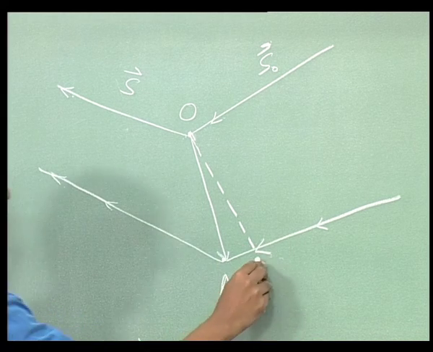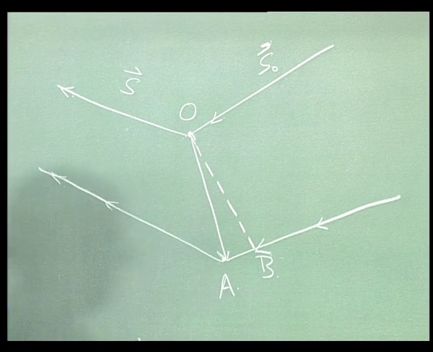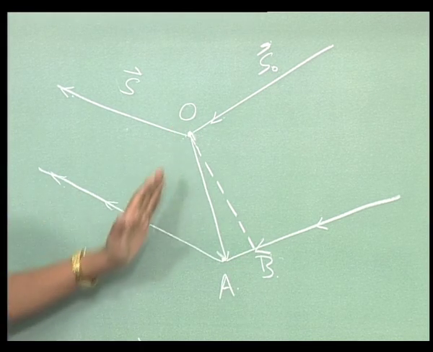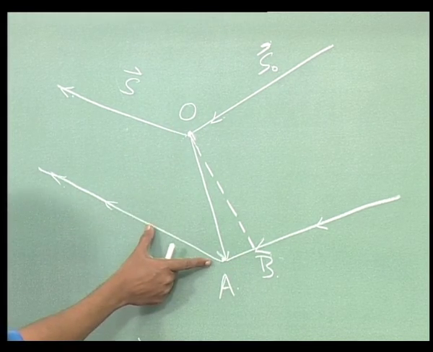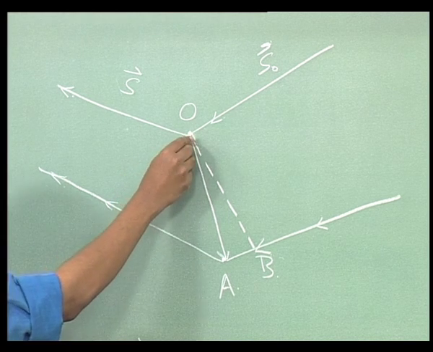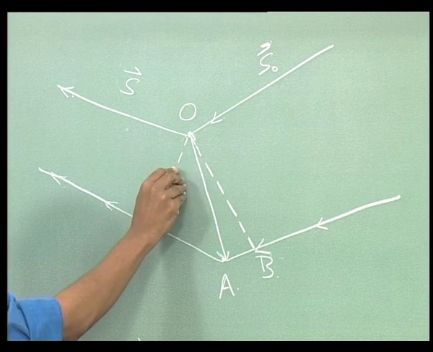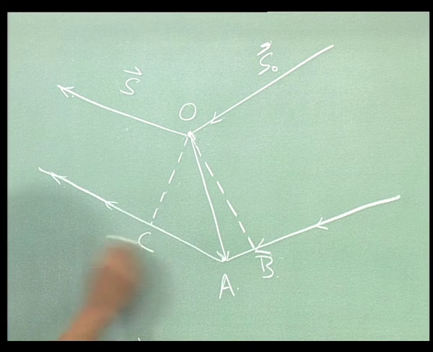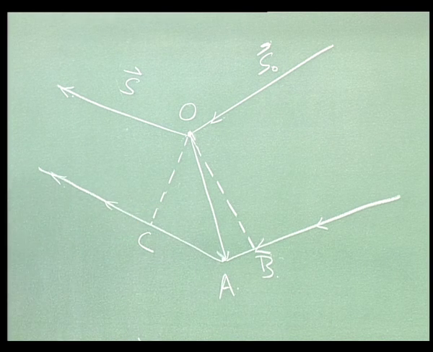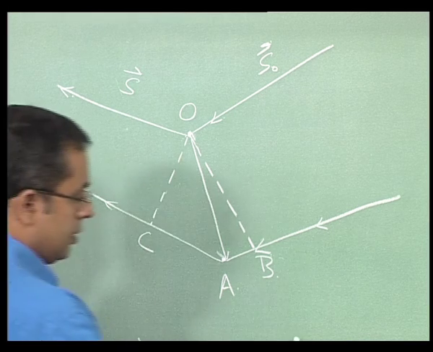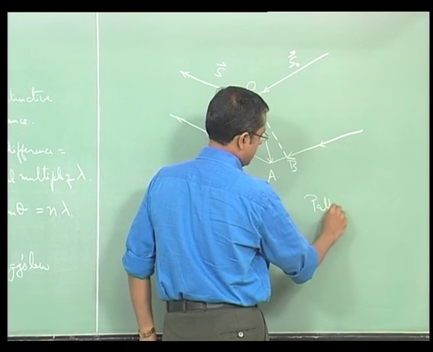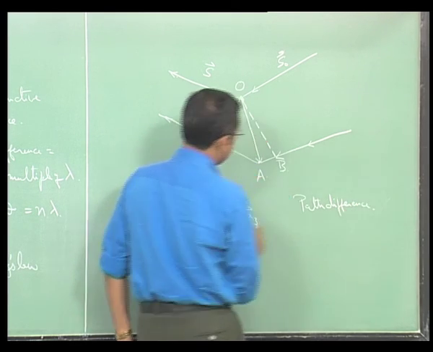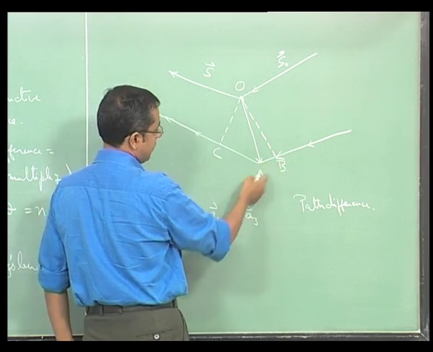Okay, so I will call this B. That is the additional distance this wave has travelled. Similarly here we have to draw a perpendicular and that will be the additional distance travelled by this wave. So we will do that. A, B, C. So we have now, path difference is, since we are looking at it vectorially, we will make sure that we are using the correct directions.